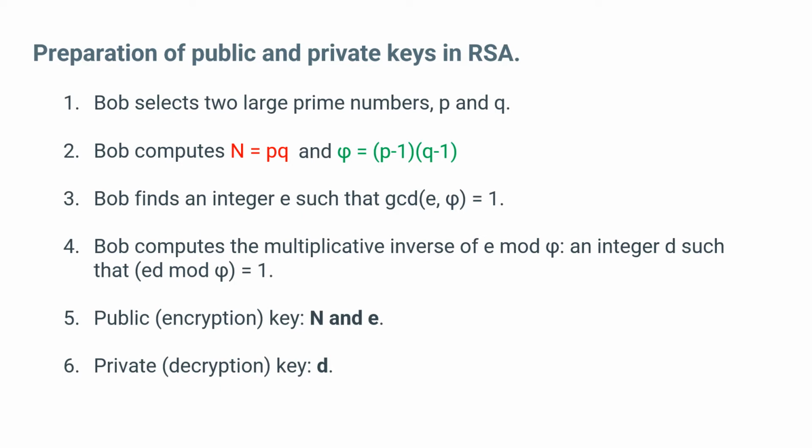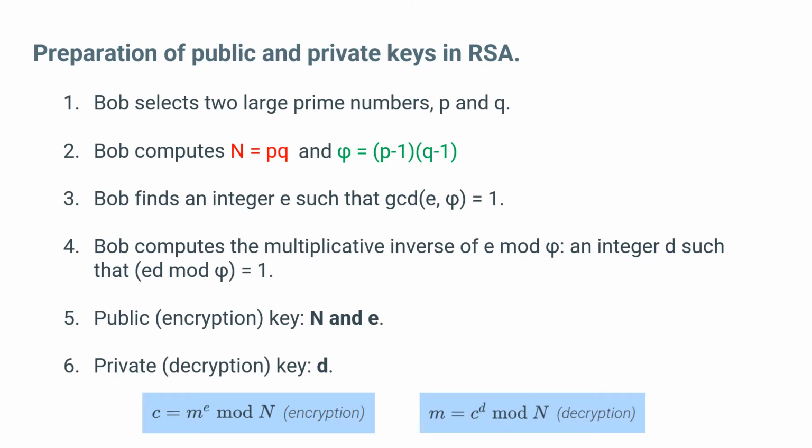Now, once these numbers N and E and D are determined, there are some equations, some formulas that can be used to turn plain text into ciphertext, and then to take ciphertext and turn it back into plain text. Remember, we were using M for plain text and C for ciphertext.